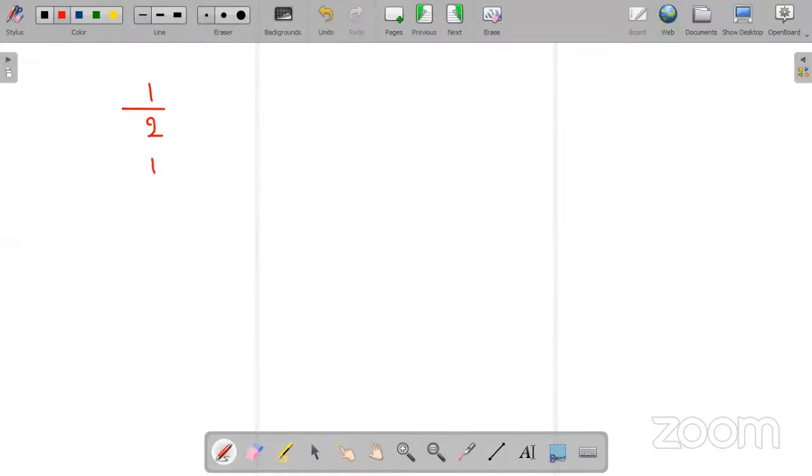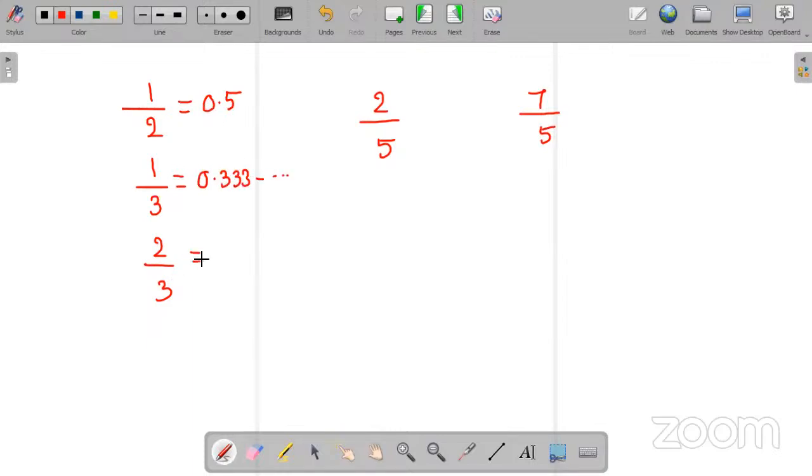This 1 by 2, or 1 by 3, 2 by 3, 2 by 5, or 7 by 5, can be expressed in decimal form also. 1 by 2 you can write as 0.5. 1 by 3 is 0.3333 and so on. 2 by 3 can be written 0.666 and so on. 2 by 5 is 0.4 if you divide.